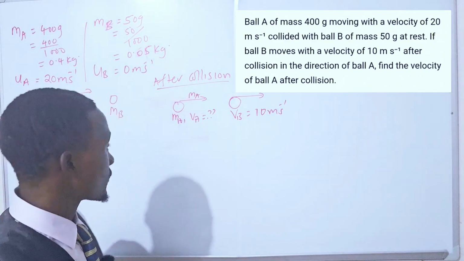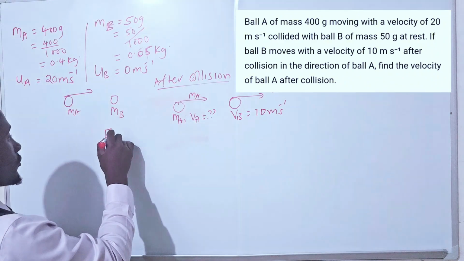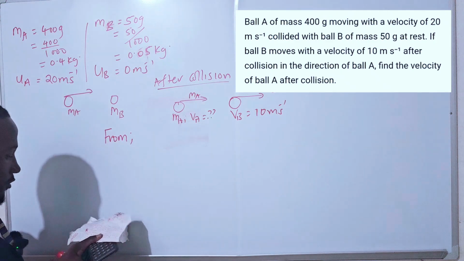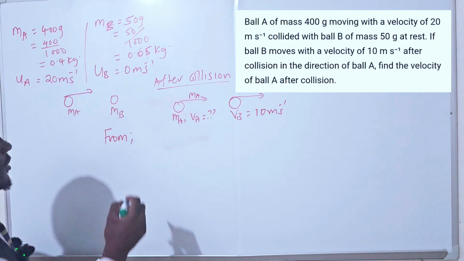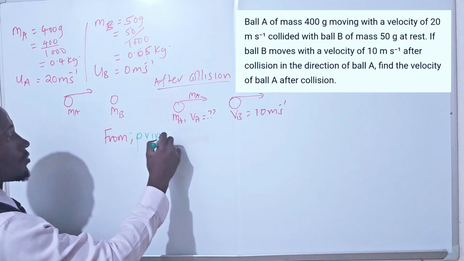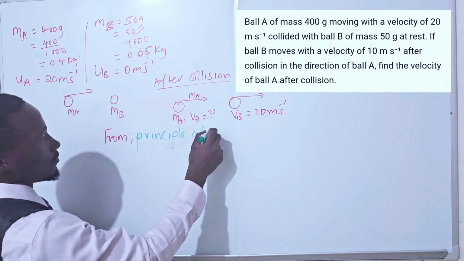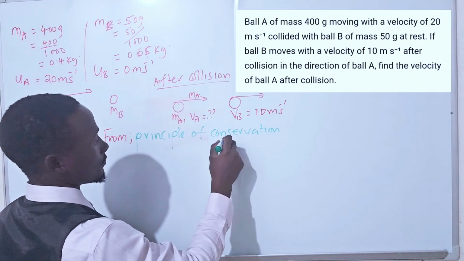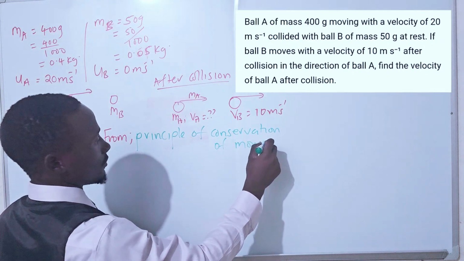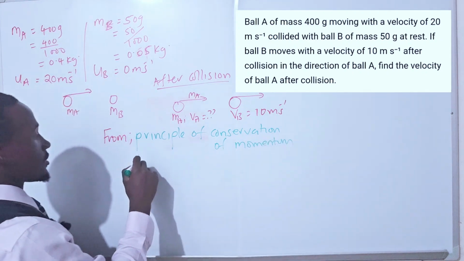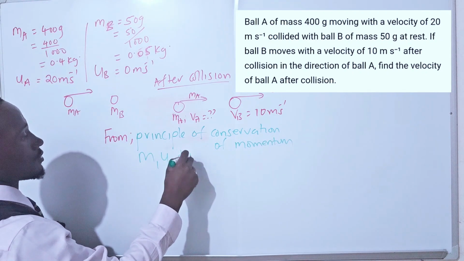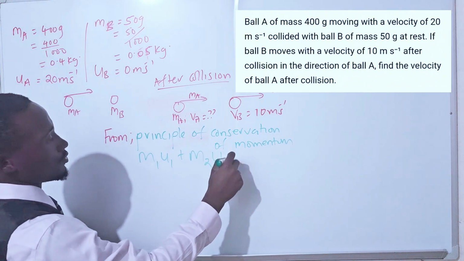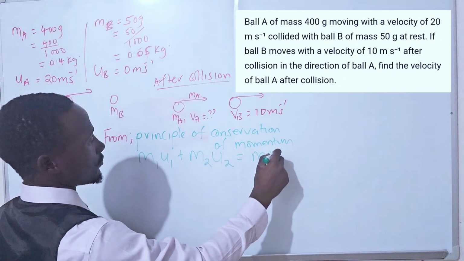So in that case, when I apply the principle of conservation of momentum, it means m1 u1 plus m2 u2 is equal to m1 v1 plus m2 v2.